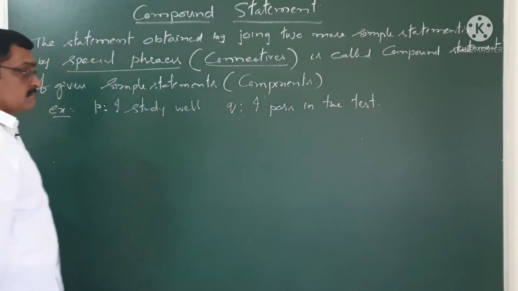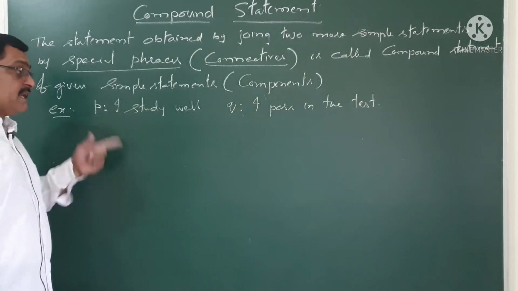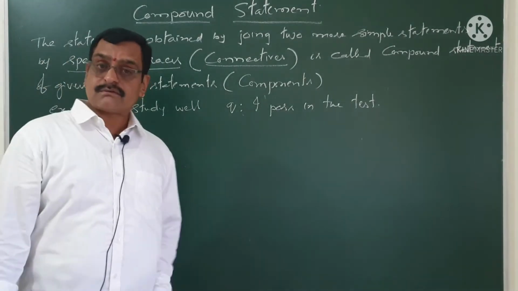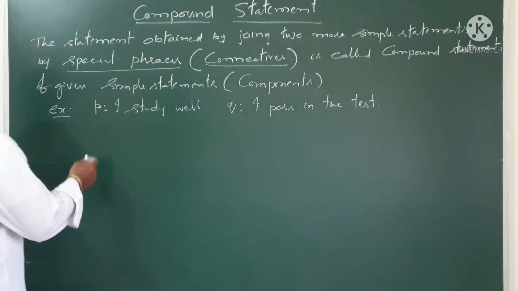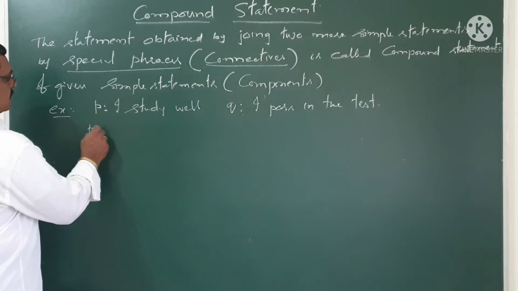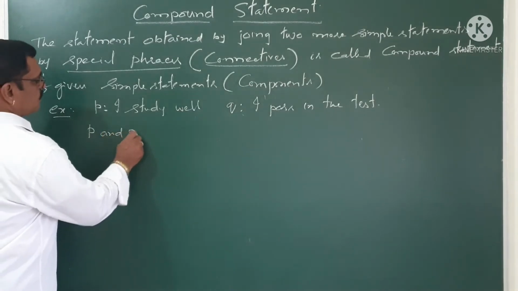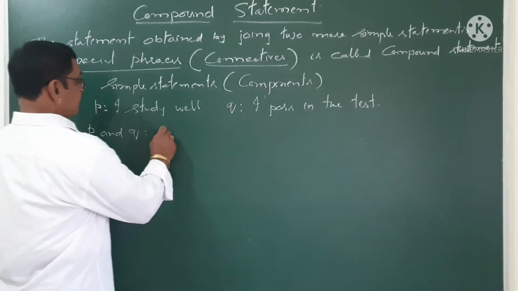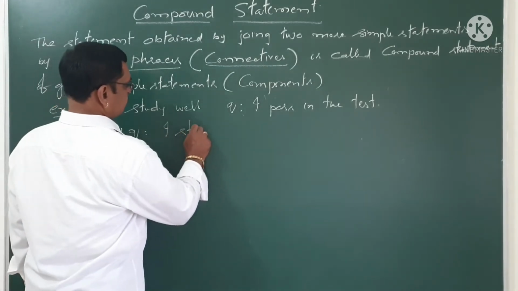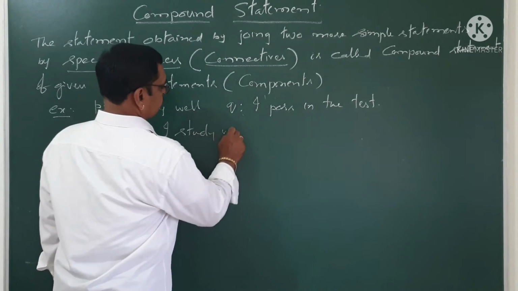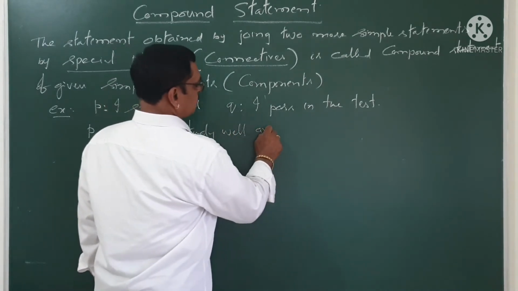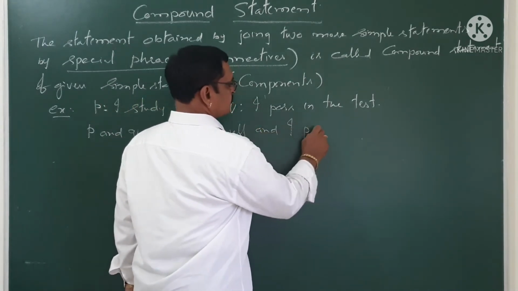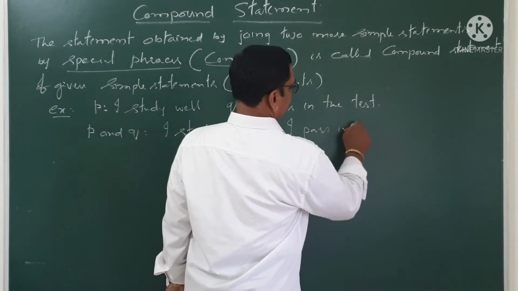Now I want to combine. You can use any one of the four connectives. For example, I use P and Q. Compound statement P and Q: I study well and I pass in the test.